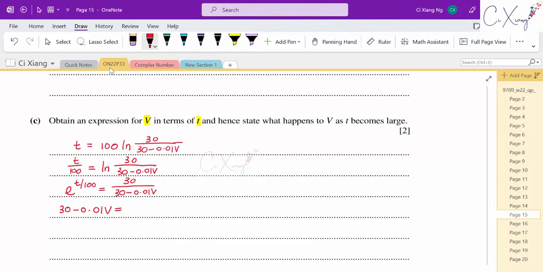So I bring the whole denominator up and then I bring down the e as a denominator. After that, I'm having 30 minus 30 e power negative t over 100, which equals 0.01V. So we are one step closer to the answer.